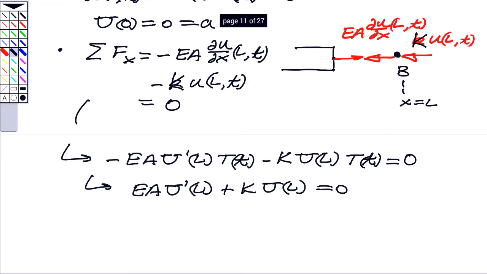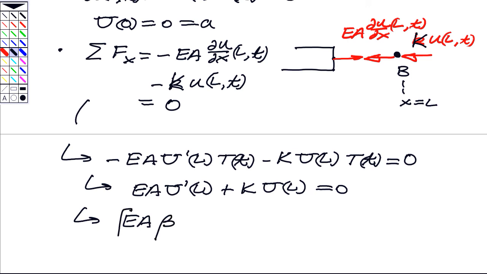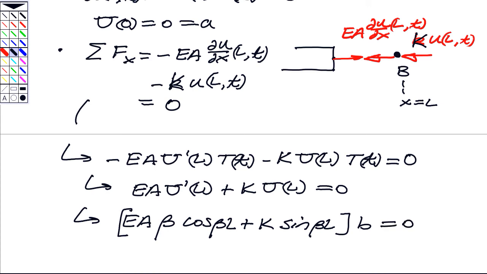So what I will do is take what's left for U. The U prime is going to be equal to beta times B times cosine beta L. Then I have K times sine beta L, and that is equal to 0.